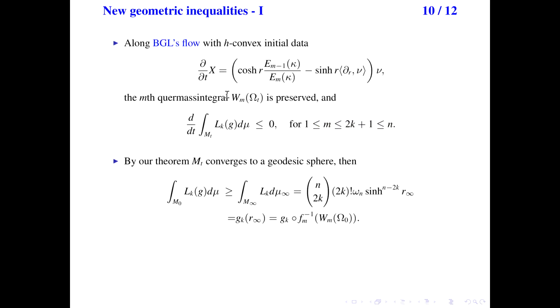Then we can combine this monotonicity and the convergence result for h-convex hypersurfaces and obtain that the integration of L_k^G at the initial hypersurface is greater than its limit value. And this gives us the desired inequality.